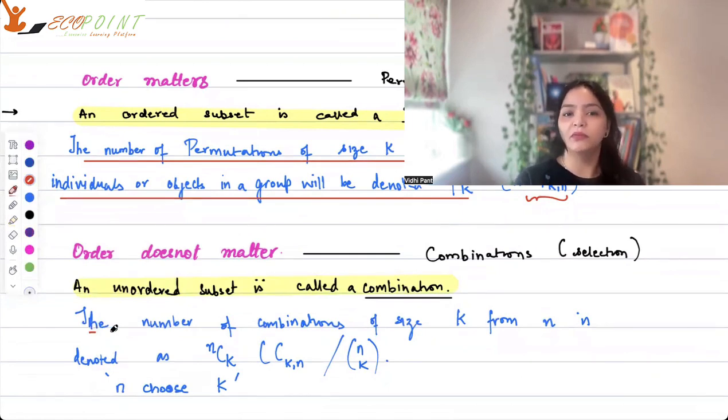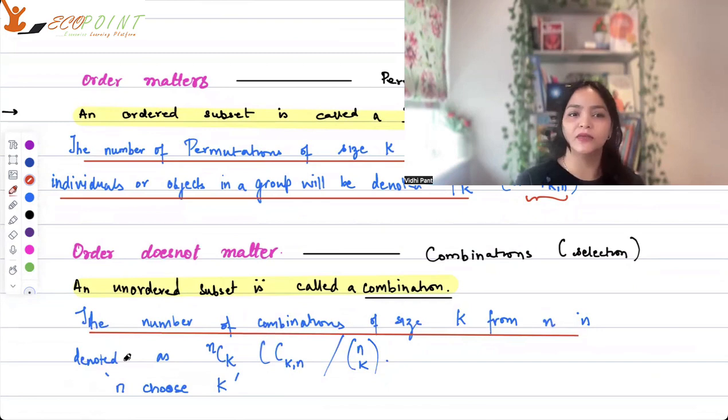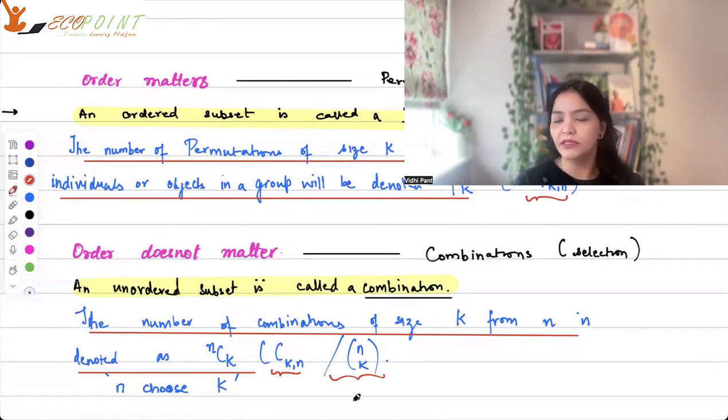The number of combinations of size k from n objects or individuals is denoted as nCk. Also, there's this notation C(n,k), and also sometimes this bracket notation with n over k. In a lot of books based on probability, you will find this read as n choose k. That's what it means.